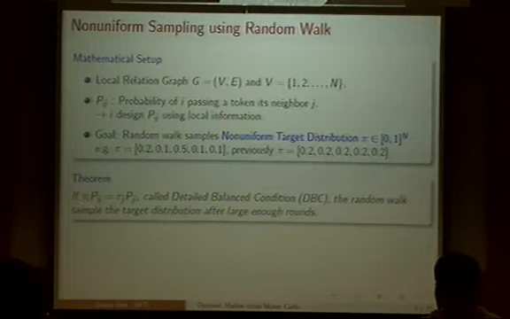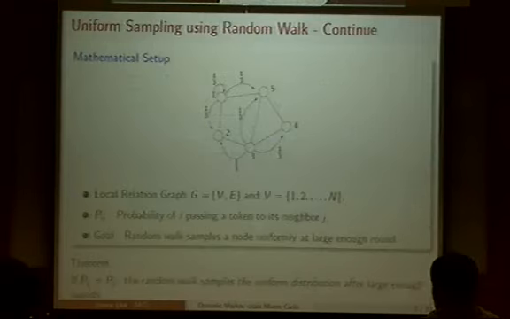But now this is different. If this local condition, called the detailed balance condition or equation, is satisfied, the random walk samples the target distribution, whatever the target distribution is, after large enough round. This is the non-uniform version of this theorem.